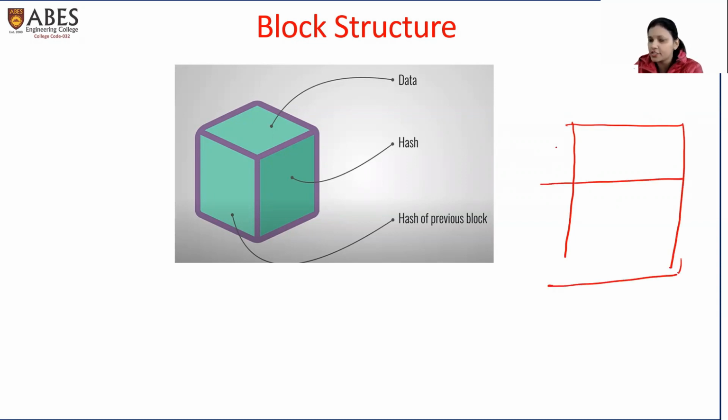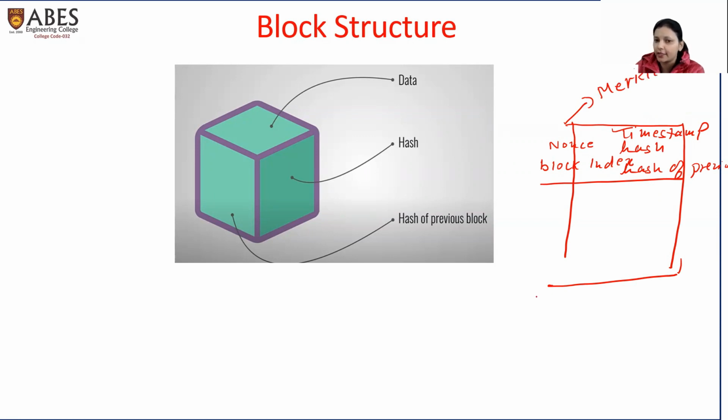The first one is the header, which has nonce value, block index, timestamp value, its hash, hash of the previous block, and one more parameter, which is the Merkle root. And the second part will contain the data or the transactions.